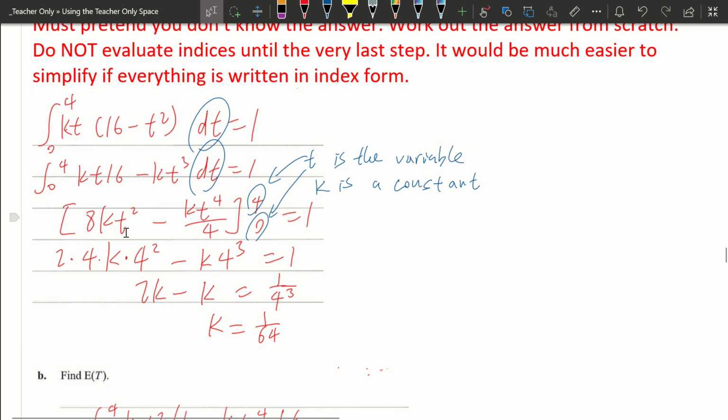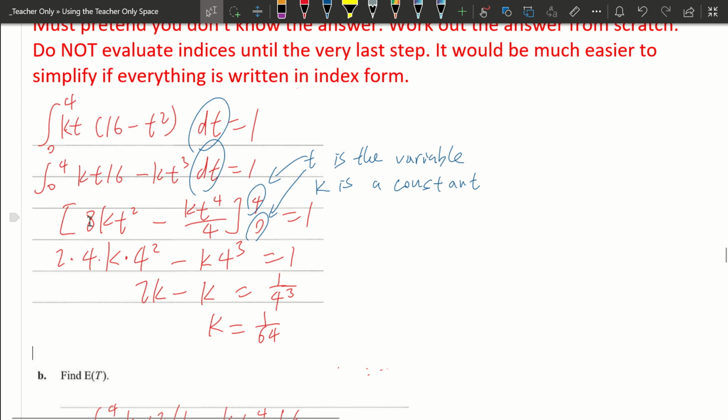So it's like this. The next step is I am breaking the 8 into 2 times 4, and then T squared becomes 4 squared. Over here as well, so KT to the power 4 becomes K times 4 to the power 4 divided by 4. Well, I'm skipping a few steps. So 4 to the power 4 divided by 4, I've written that as 4 to the power 3.